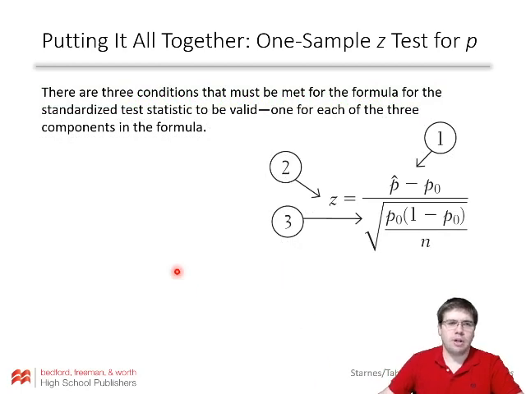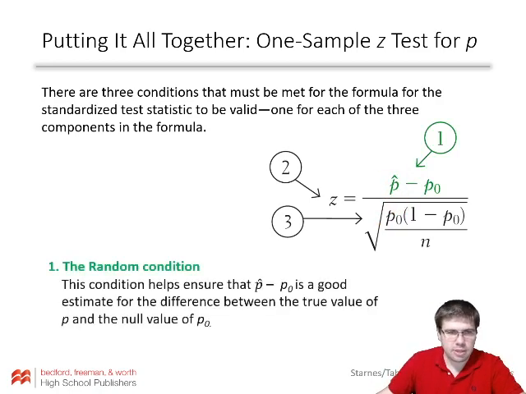All right, so there are 3 conditions that must be met for the formula for the standardized test statistic to be valid, one for each of the 3 components of the formula. So this has kind of been true of all of the confidence intervals as well, but just to hit it again. So p hat, that value that we're going to use, we need to know that it is unbiased.